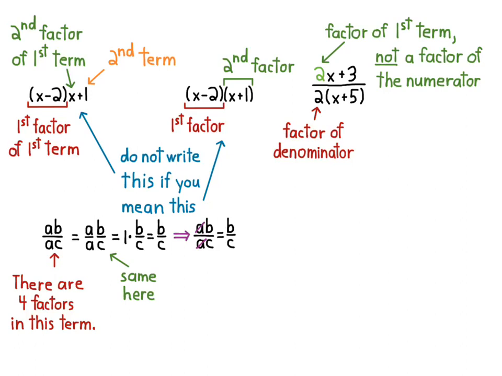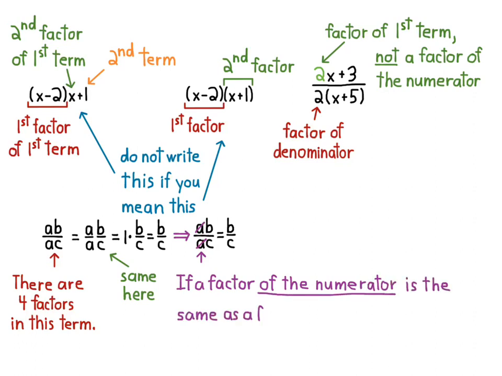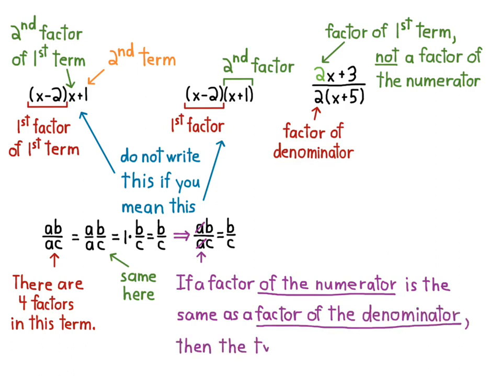If c is a 1, we just leave it off because we don't need to write a 1 in the denominator if it's the only thing in the denominator. Right. But that's the basic rule for canceling by division. It just says if a factor of the numerator is the same as a factor of the denominator, not of a piece of the denominator, not of a term of the denominator, but of the whole denominator, then the two cancel.